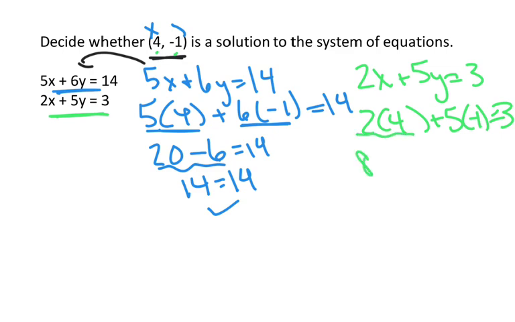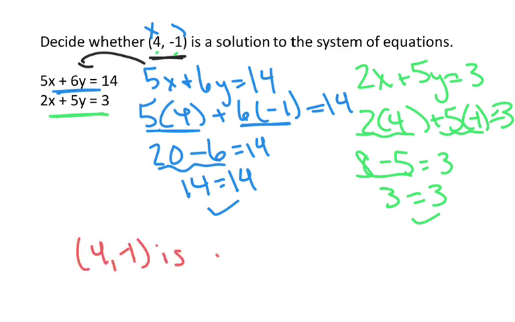So 2 times 4 is 8. 5 times -1 is -5. 8 minus 5 is 3. 3 does equal 3. So that worked in both of those equations. So that means (4, -1) is a solution. So that works.